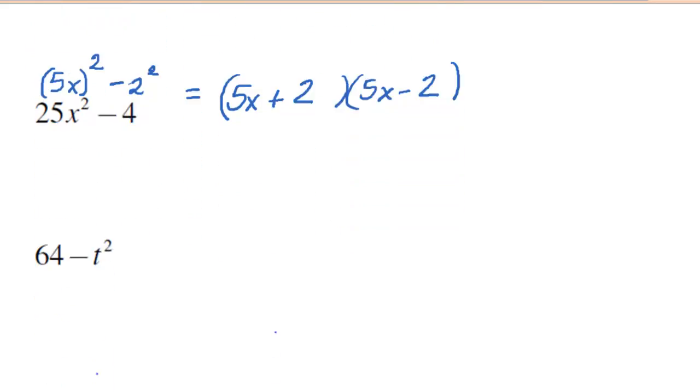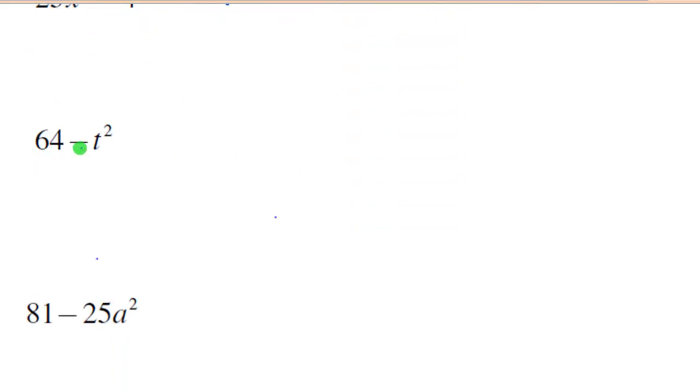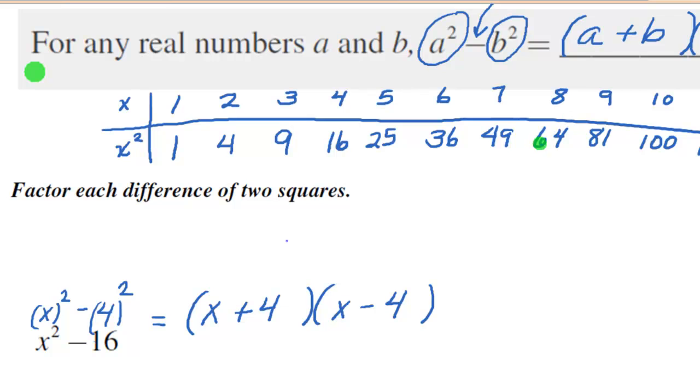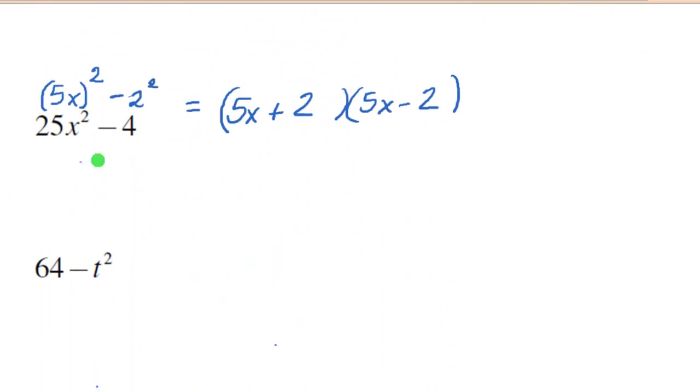Okay, next we have 64 minus t squared. Binomial, two terms. You have subtraction, it's a difference. 64, from the table you have written above, is 8 squared. So this is 8 squared minus t squared.